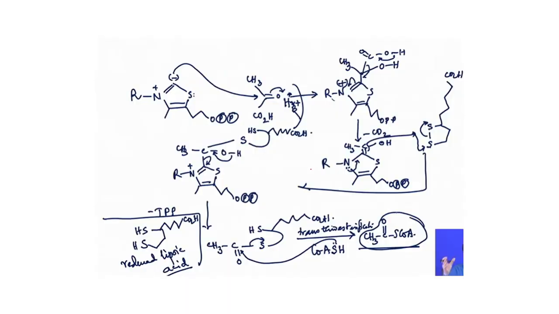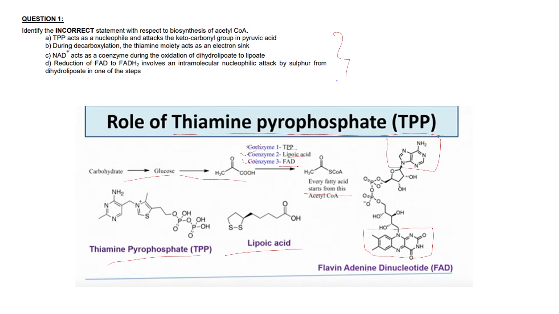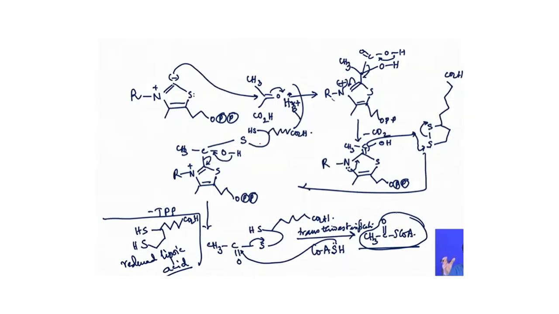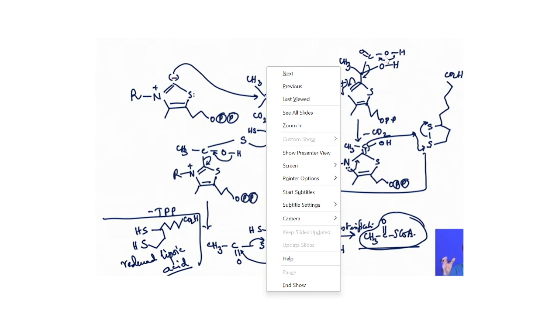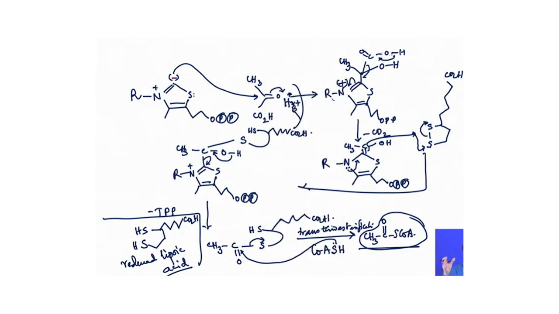Okay, so let's see. In thiamine pyrophosphate, the negative charge on this carbon will attack the carbonyl of the acid. Then this will liberate one CO2 molecule and generate a nucleophilic center.